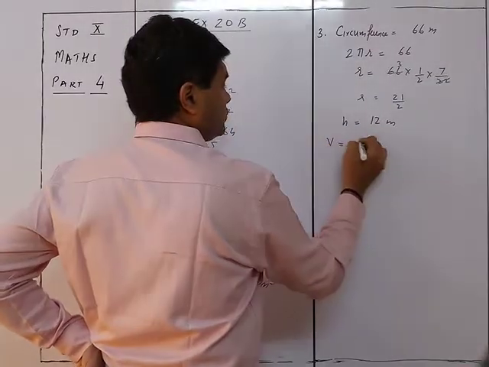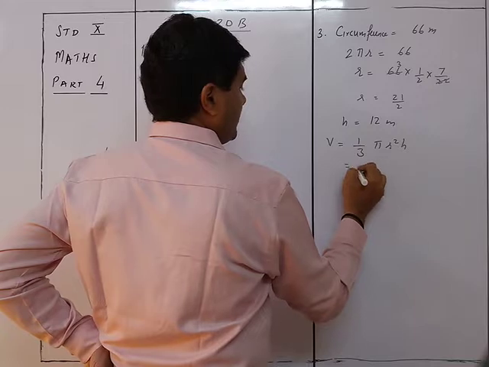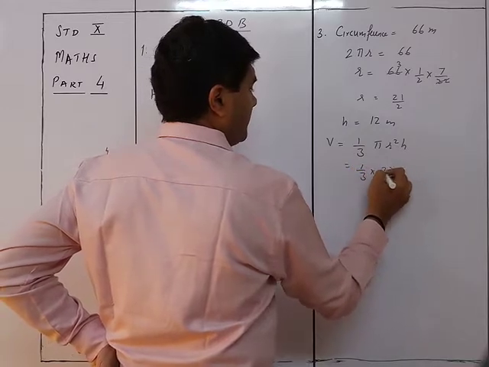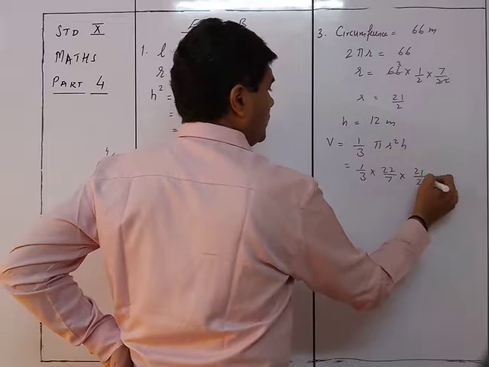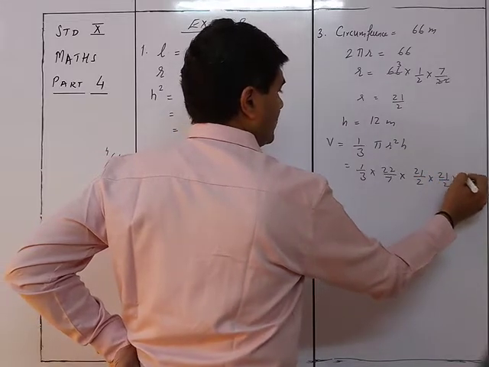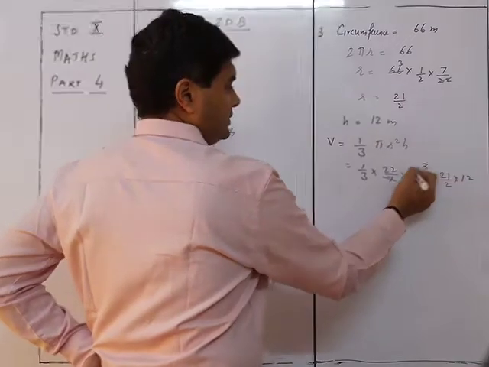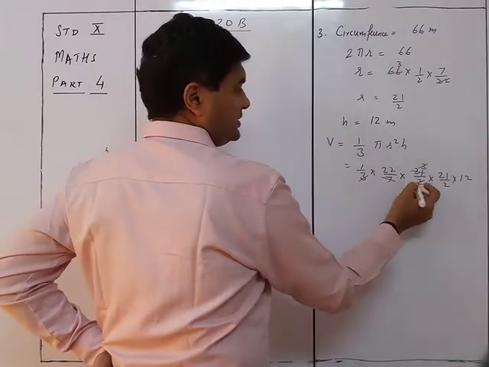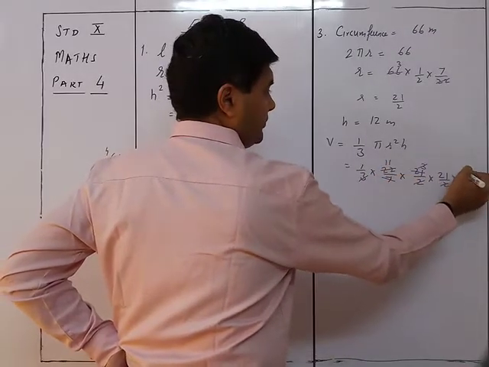Therefore volume is equal to 1 upon 3 πr²h, which is 1 upon 3 into 22 upon 7 into 21 upon 2 into 21 upon 2 into 12. 7 3s are 21, 3 cancels. This cancels over here with 11. This cancels over here to give you 6.